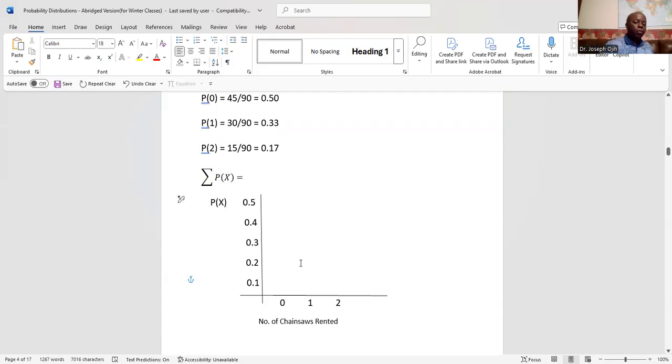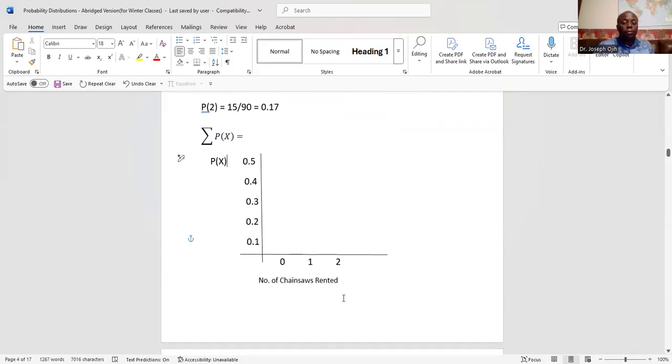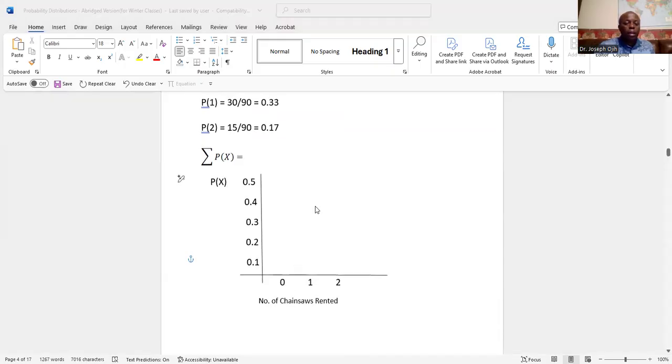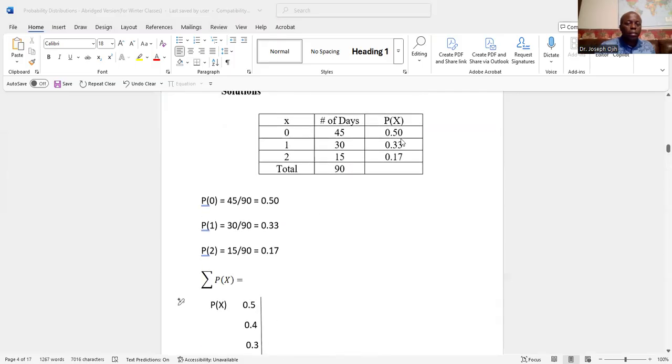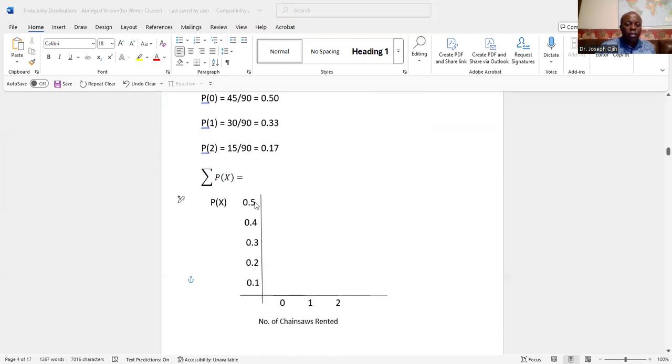Now we're ready to draw the graph. Okay. It says on 0 days rented, 0.5. 0.5 should be around here. So I'm gonna draw the graph. Okay, for 0 days, I put it right here. It's a line graph.